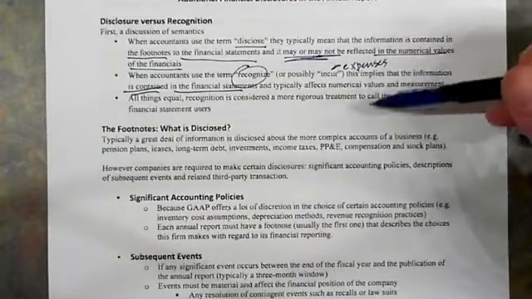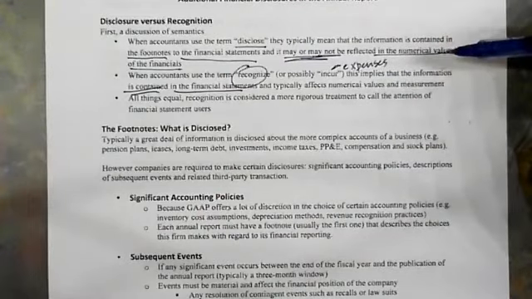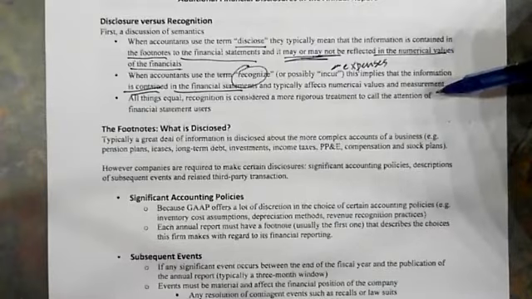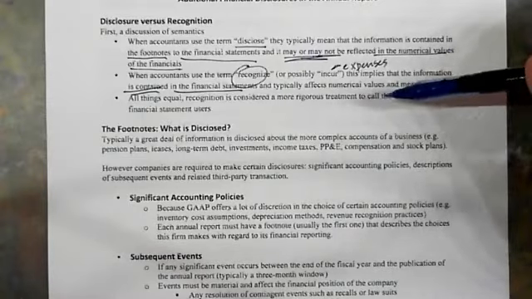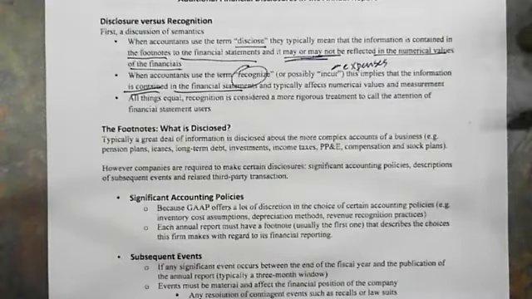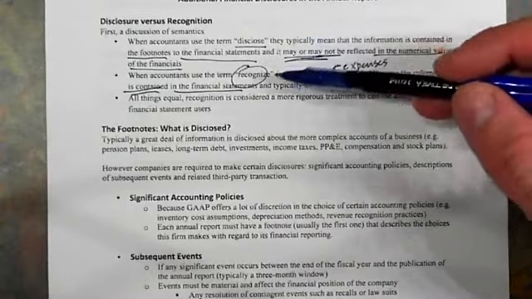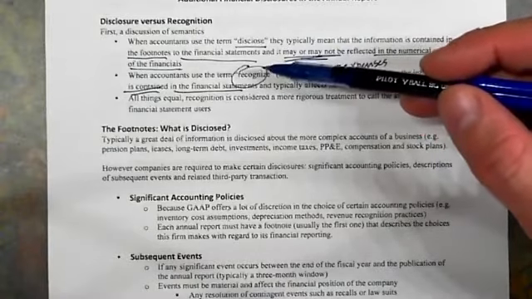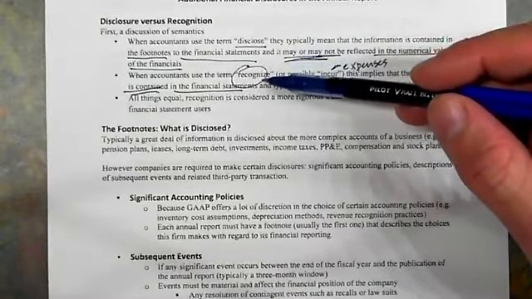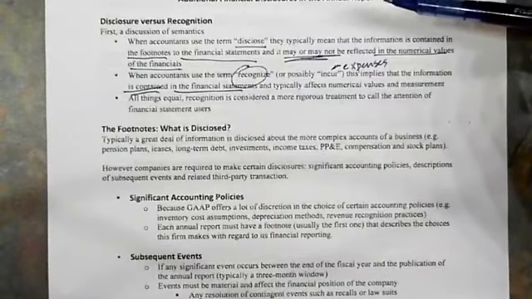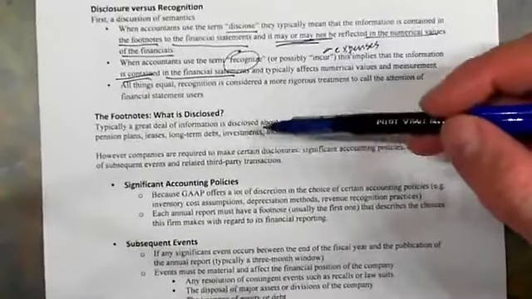All things equal, recognition is considered a much more rigorous treatment and calls attention for financial statement users. Something can be buried in the footnotes, and it's harder for users to appreciate the severity of something or even find it. Amongst a 90-page disclosure, if you're invested in a lot of companies, it can be pretty hard to find these items. But if they're recognized in the financial statements, numerical values are actually affected.